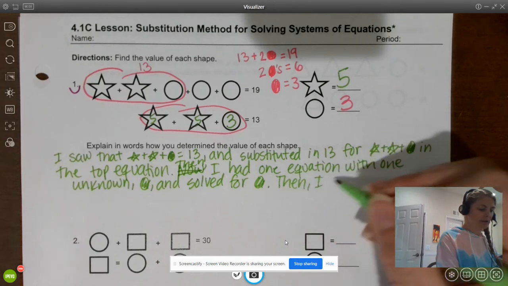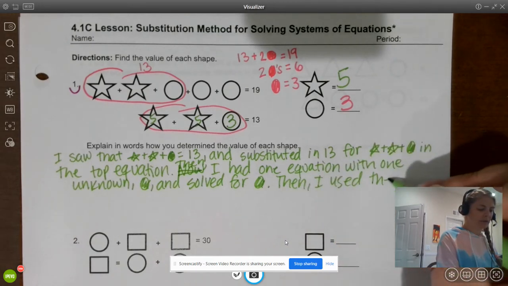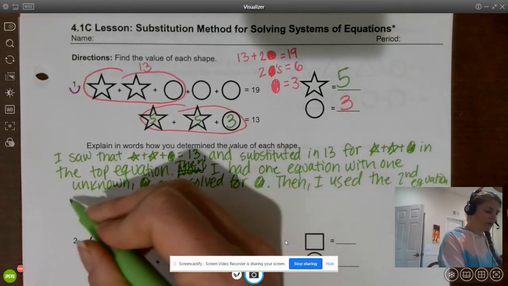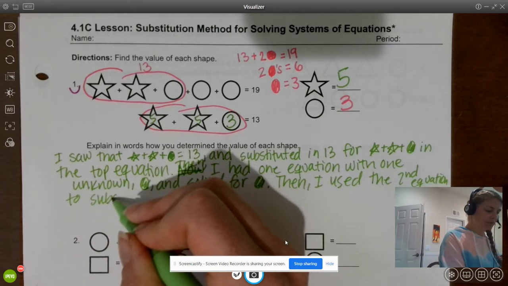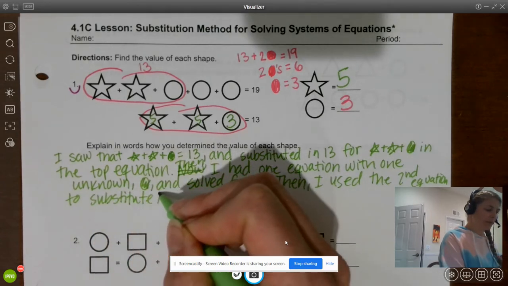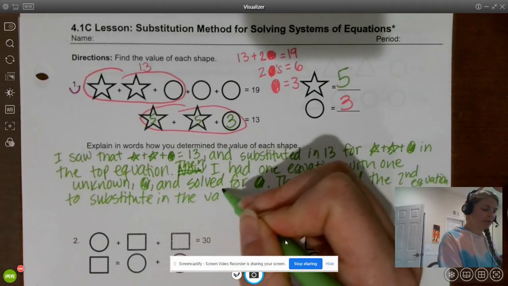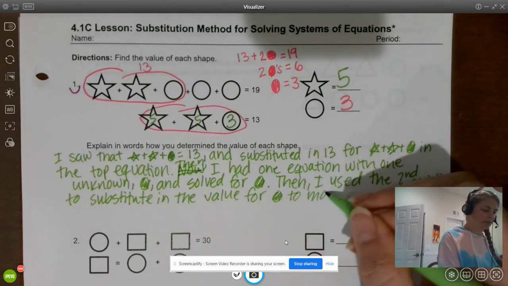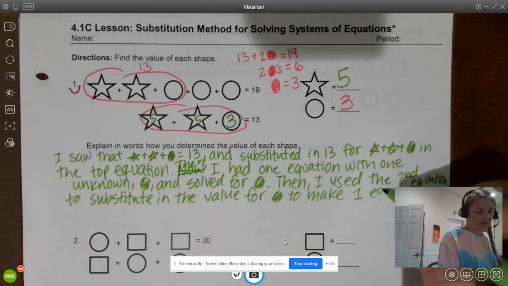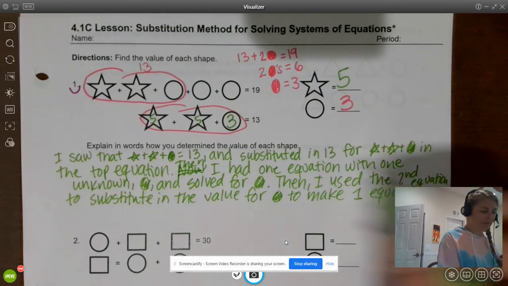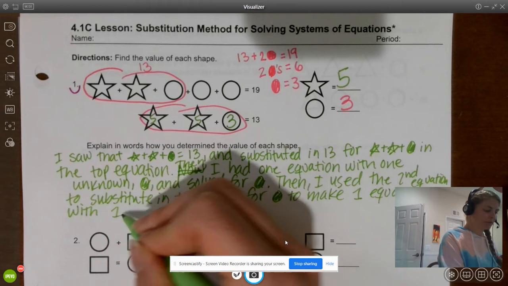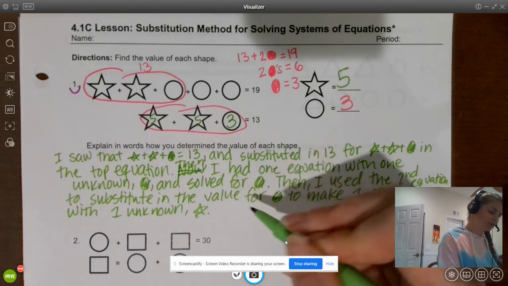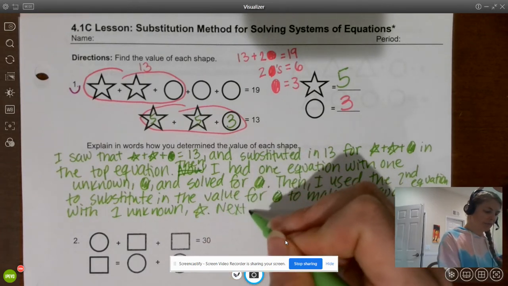Then I used the second equation to substitute in the value for circle to make one equation with one unknown. In this case, the one unknown was star. Next, I solve for star.